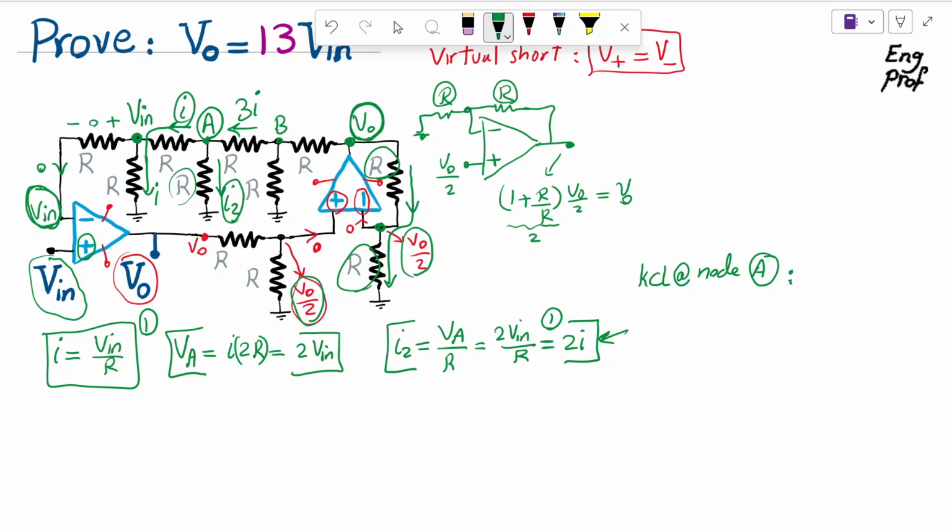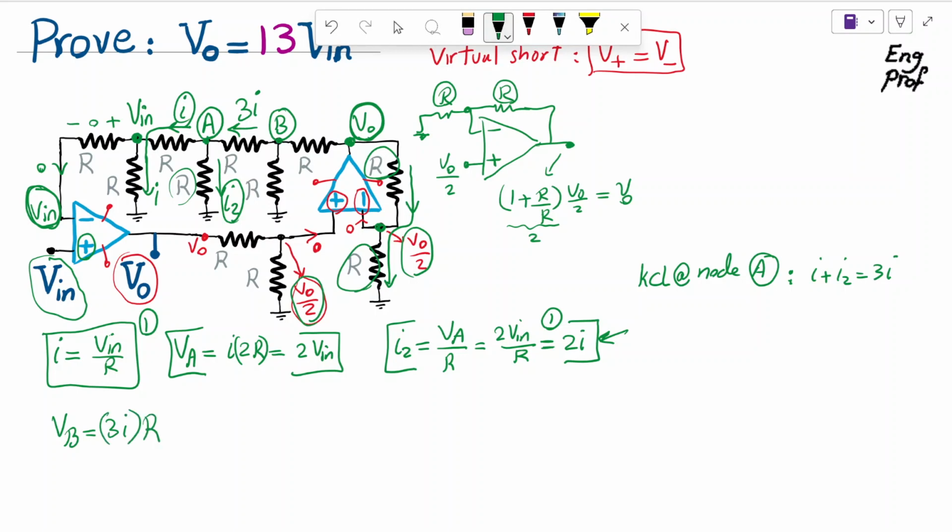So we have 3I, therefore I plus I2 is 3I. Okay, now we want to find the voltage at node B, so let's find it. The voltage at node B is the 3 times I that we found that goes through the resistor R on top.